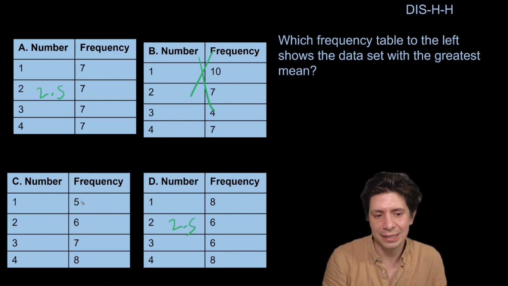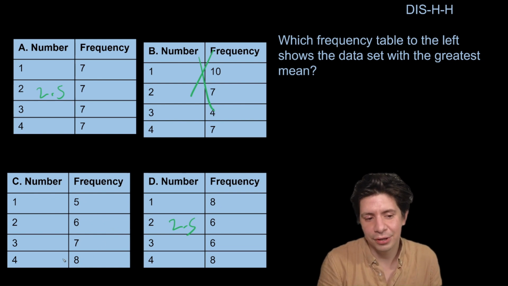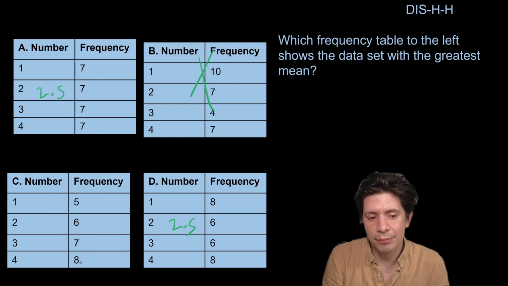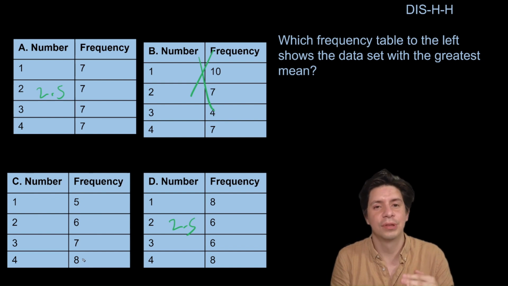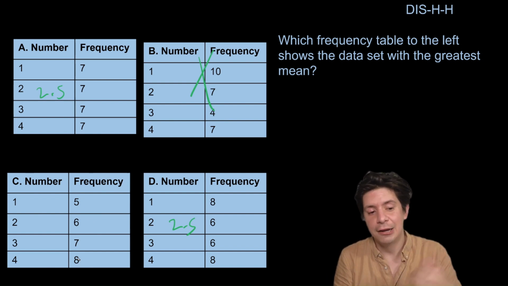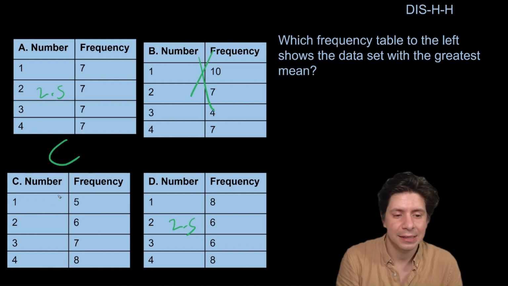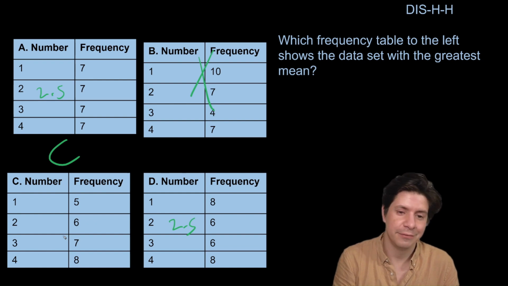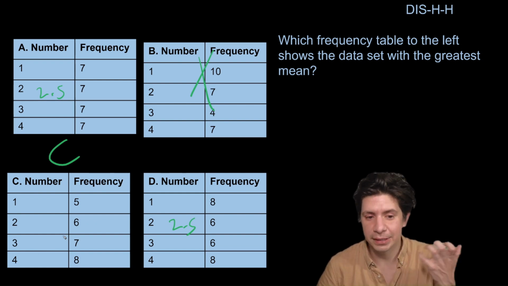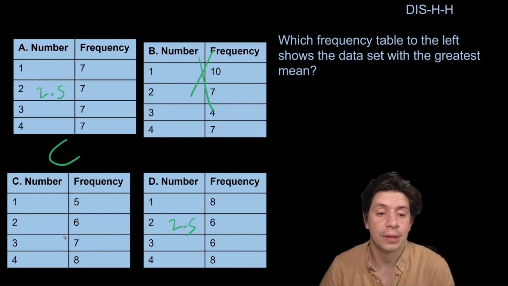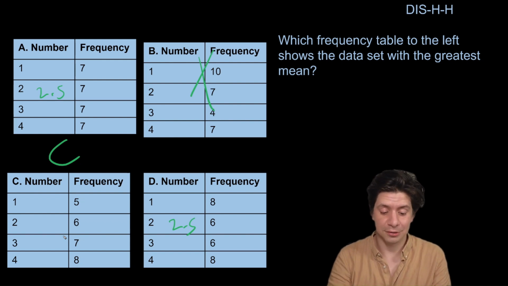But the frequency here, you're pushing it, and you're going to get more numbers weighted toward the higher values, so it'll be C, because there's more big numbers there. If you think of 4 as a big number in this world of 1, 2, 3, 4. So that's all you have to do. I'm not even going to bother showing you this because you've got to just trust me. You could work it out, but you're just wasting your time.